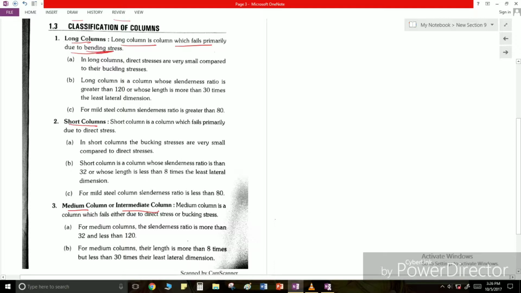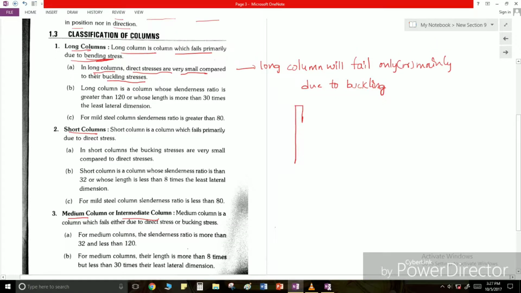Because in long columns, direct stresses are very small compared to their buckling stresses. That means a long column will fail mainly due to the buckling phenomenon.